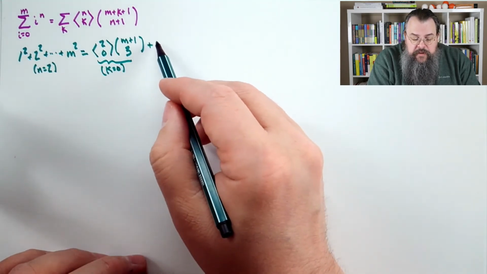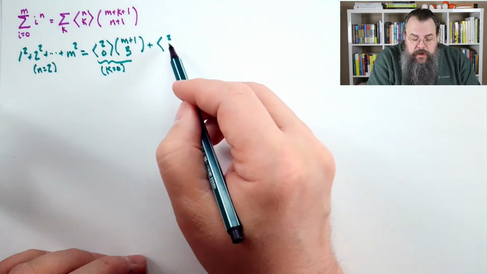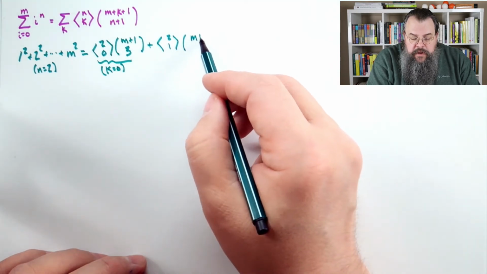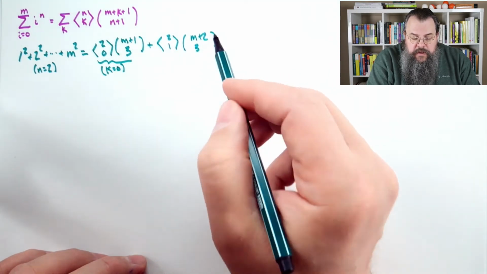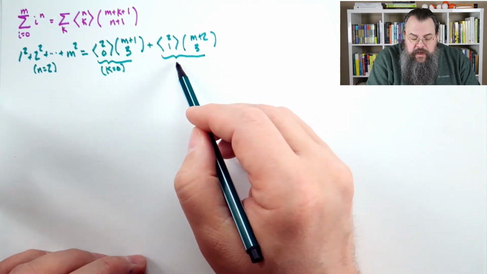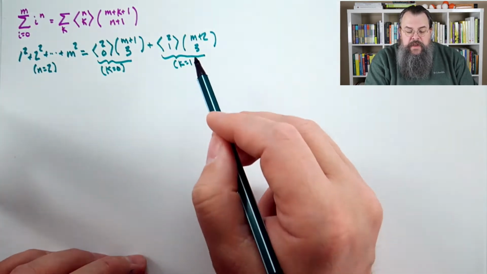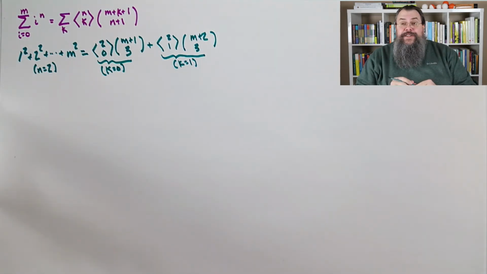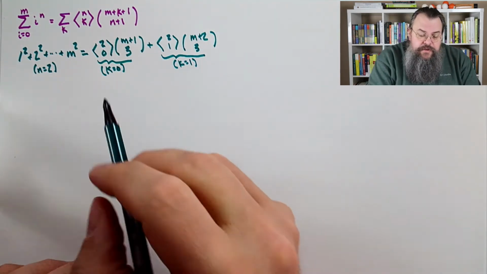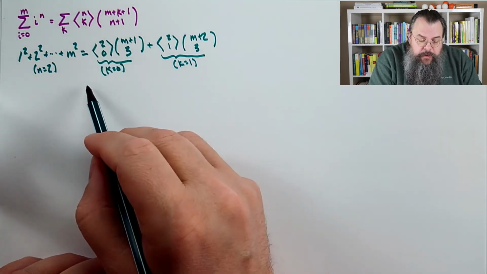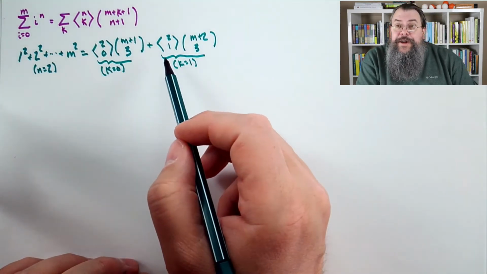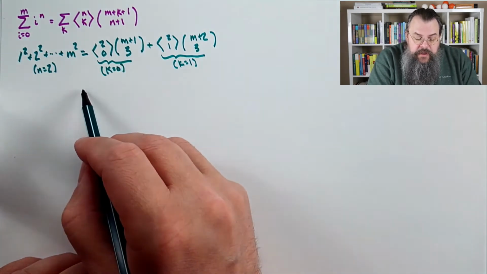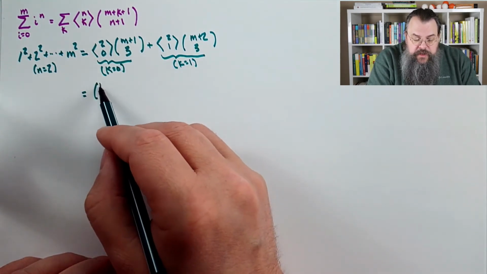And then plus 2, 1, times m plus 2 choose 3. And this is k equals 1. All right, and that's the claim. Now, the good news is we actually know these numbers. 2, 0, our Eulerian number, is 1, and 2, 1, the Eulerian number, is also 1. So we have really m plus 1 choose 3, and m plus 2 choose 3.